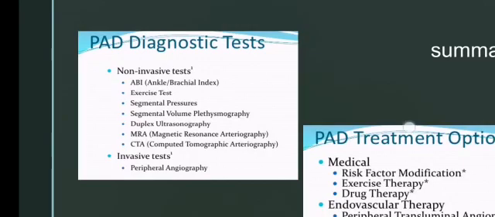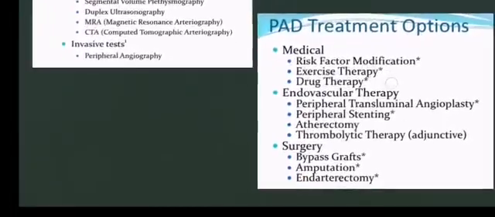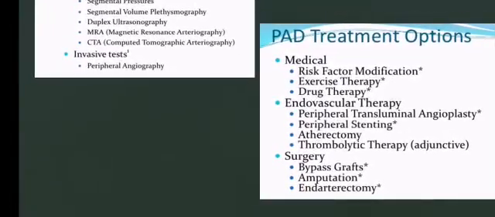And the treatment options which we have are, first of all, medical management, in which the risk factors are modified, like smoking should be quit, obesity is treated by weight loss, graduated exercise, anti-hypertensives, anti-diabetics, statins, and antiplatelet therapy, anticoagulants, or in some cases even vasodilators are given.